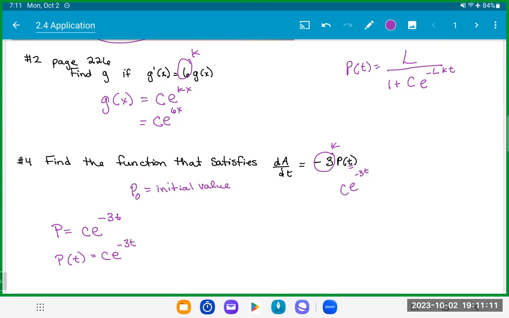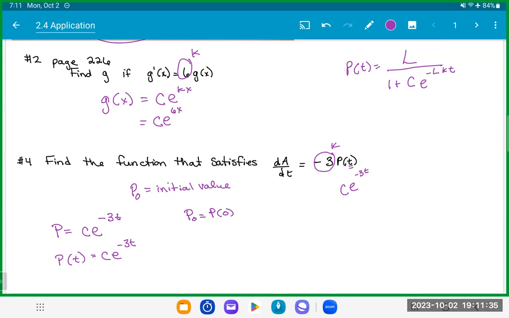That would be true for some constant c, which is what that c is represented in our equation. So ultimately, p naught, or our initial value, right? If I wanted to look at p at time 0, that is going to be my p naught.